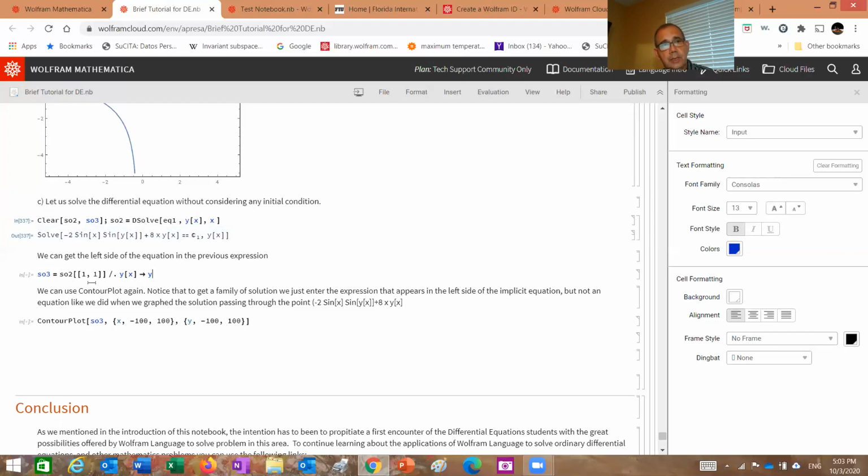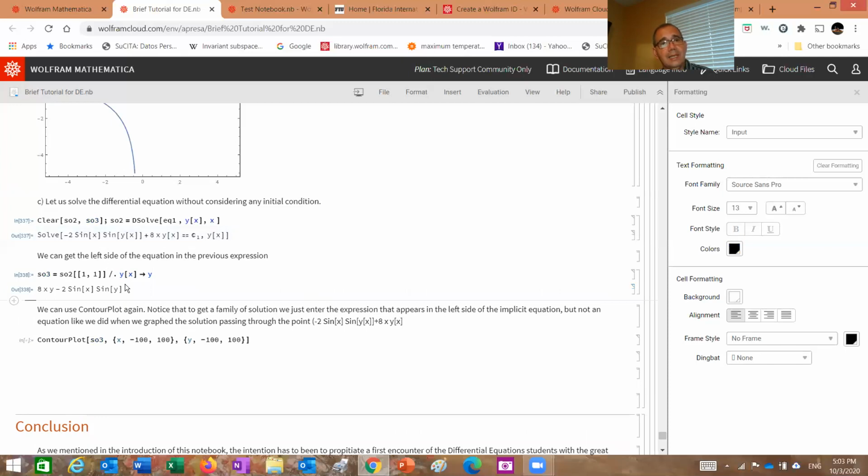If you put, let's say, 1, 2, it is going to be this part here probably. Well, here you need to check it. And then S of 3 is this part, the equation where y of x is replaced by y.